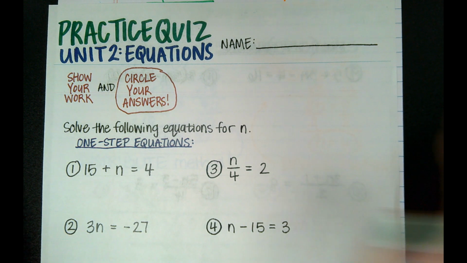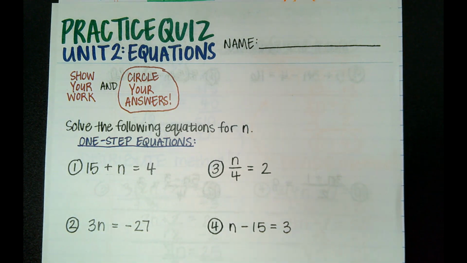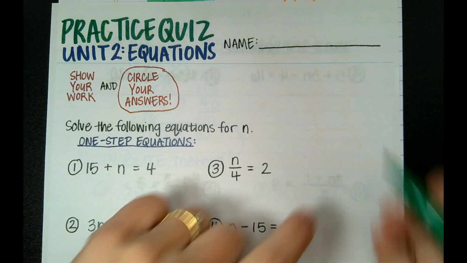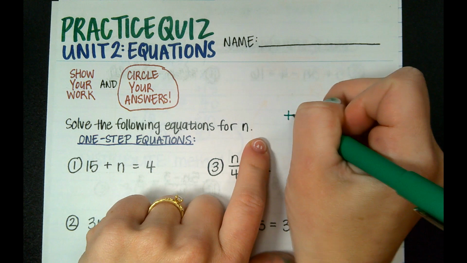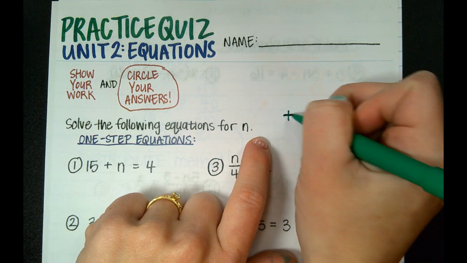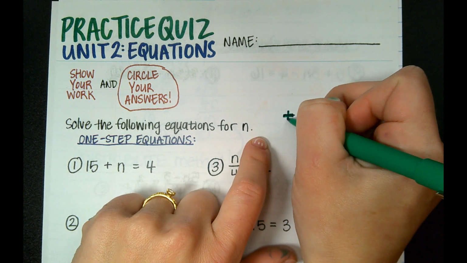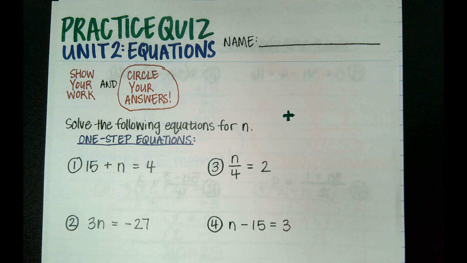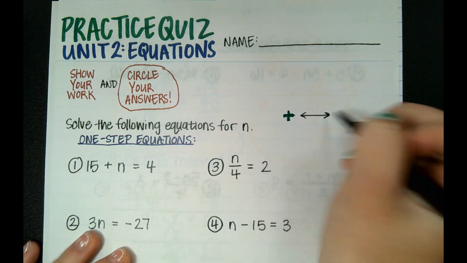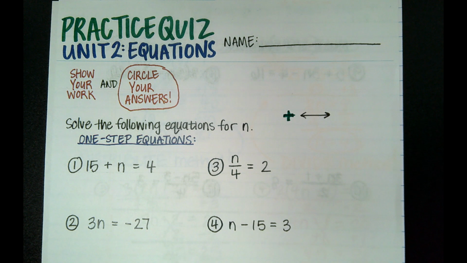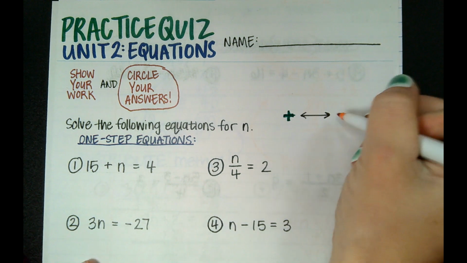Okay, so back to the practice quiz. The one thing that I always recommend writing on your practice quiz, just in case you forget, is those inverse operations, just so that you have it here when you take your quiz. The opposite of plus is minus.